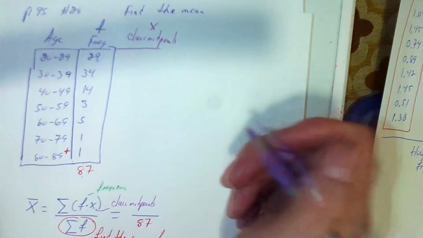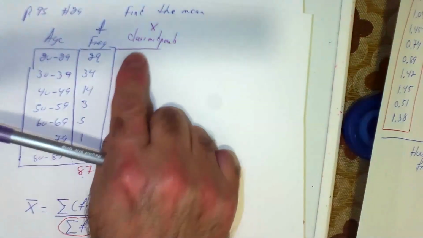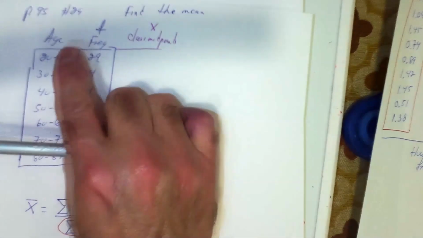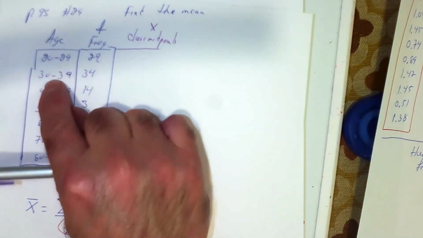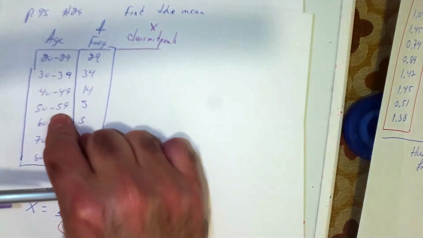Do you remember how to find the midpoints? I have to take these two numbers, add them, and divide by 2. I have to do the same with each class.